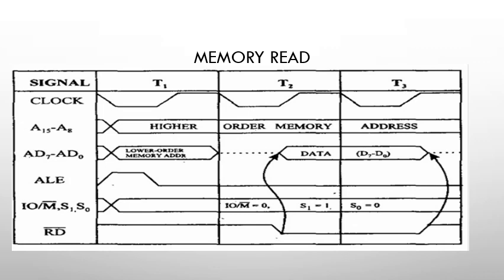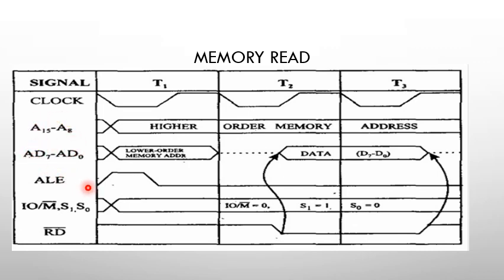Next, we see the memory read machine cycle. This memory read machine cycle has 3 T states, right? As I have told previously, in order to read something from the memory, the microprocessor must first know the address.